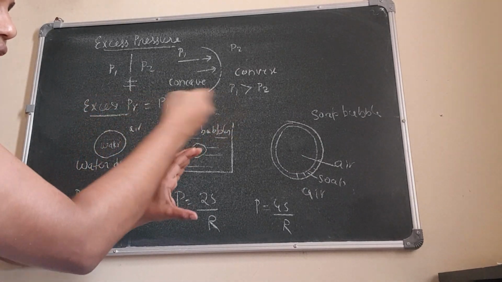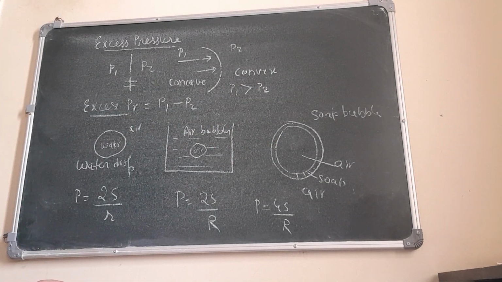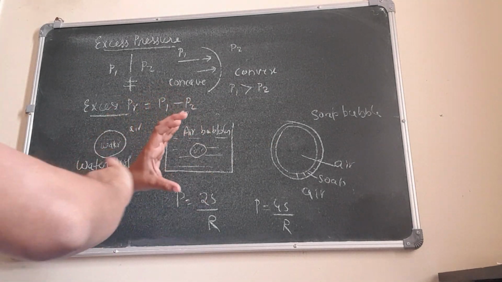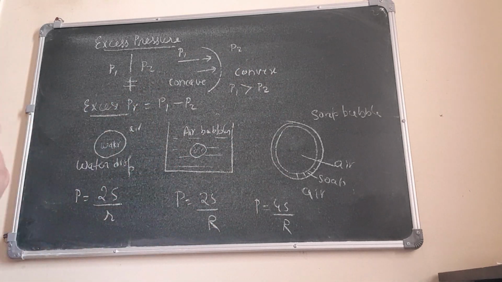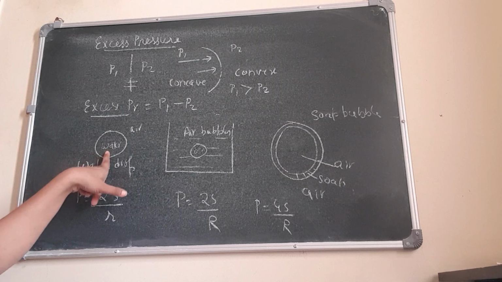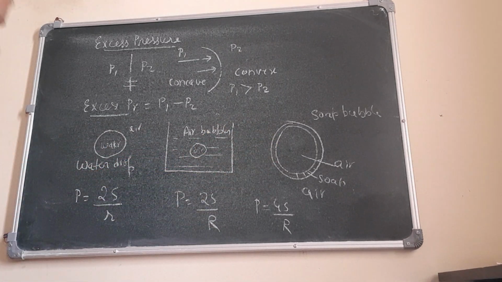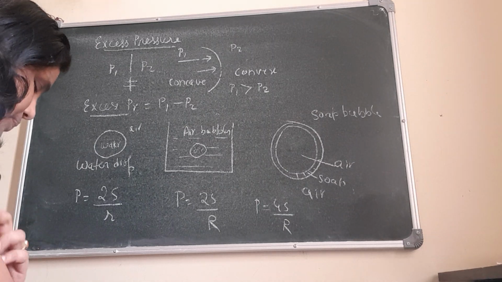Soap and air: one external surface. It is so thin that we consider the surfaces to be of the same area. So 4 pi r square, 4 pi r square. I hope it is clear. So be very careful. A water droplet or any liquid droplet, or air bubble, is 2S by R; a soap bubble will be 4S by R. Alright.